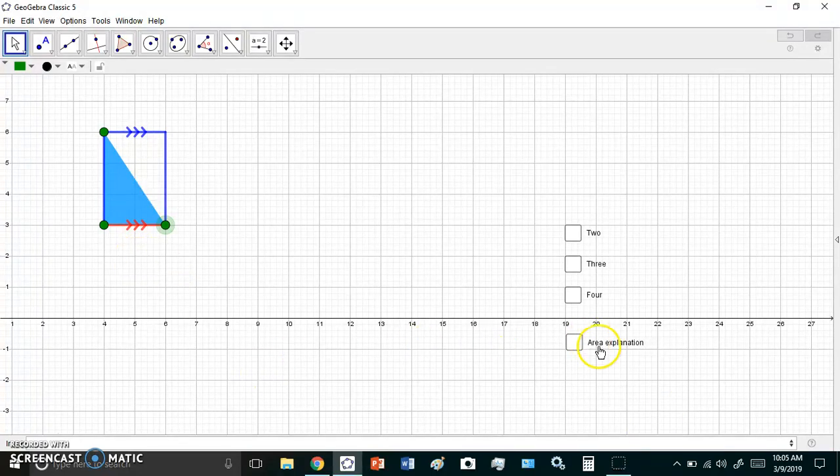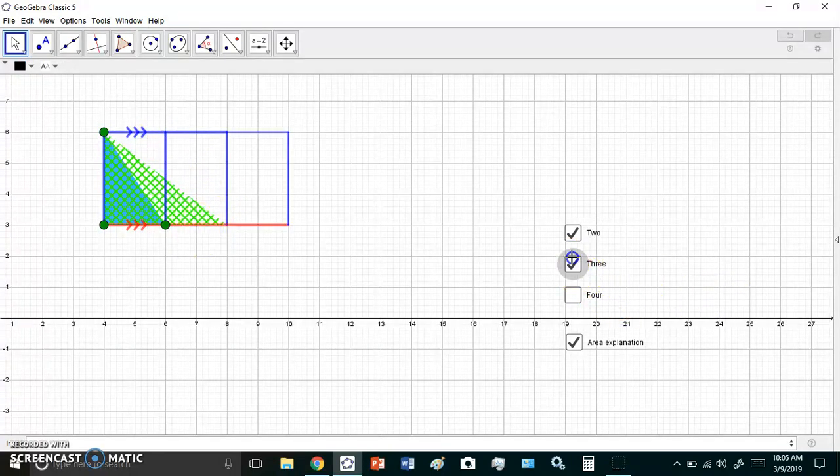Because the triangle will be the shaded area. This shaded area has the same area as this triangle. So if it's one, you can't do it. But if it's two, you can, see? Because then it's just this green area and it's equal to the triangle here, where my cursor is pointing. And if you have three, the same story, you can't do it because it's an odd number.